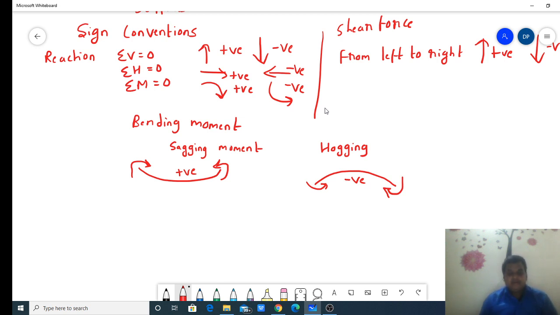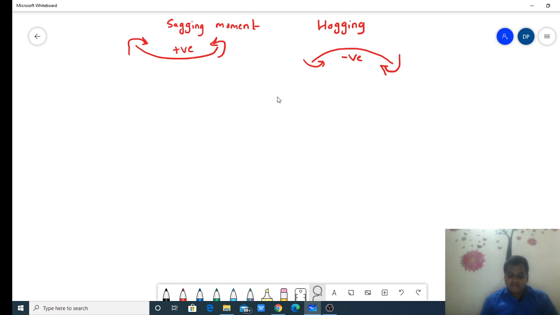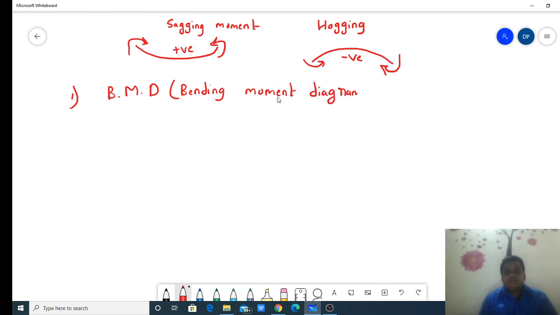Now next, an important thing: you need to know the concept of the bending moment diagram and the fixed end moment. First I am considering the bending moment diagram, which we call the BMD, the bending moment diagram. Whenever you go for bending moment diagrams, you should know the values with respect to different loading conditions.